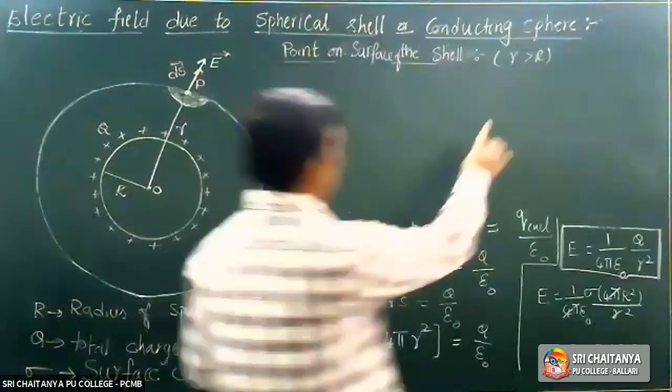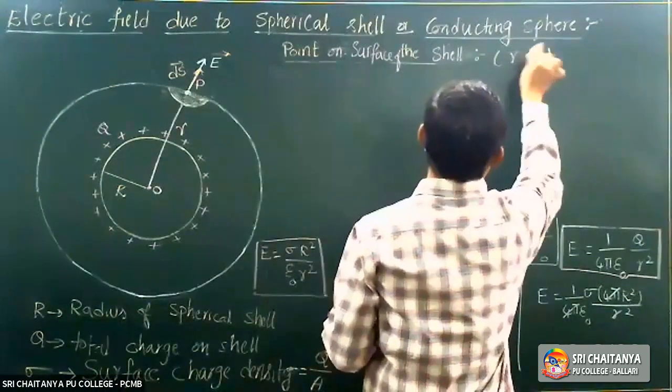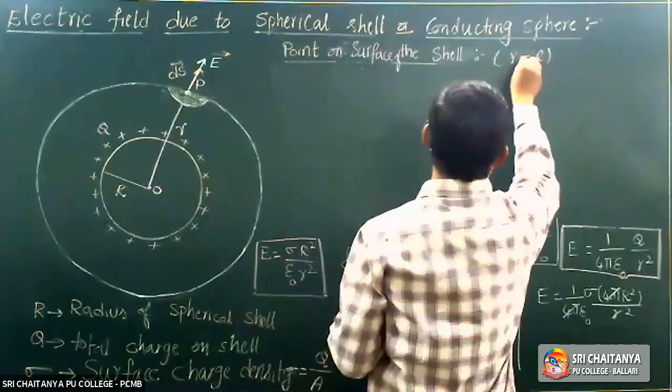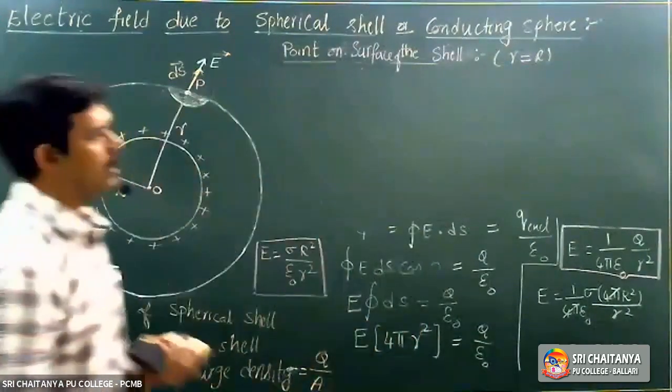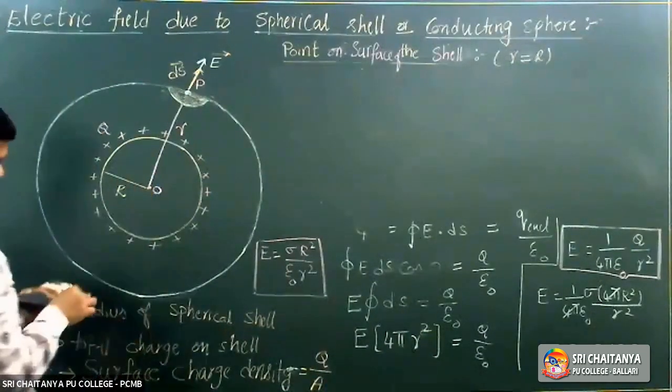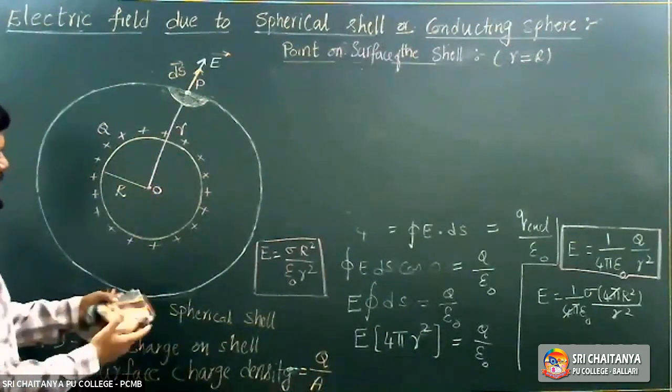Point on the surface of the shell. In the cylinder also I told you. Small r is equal to capital R. So how is it? See.